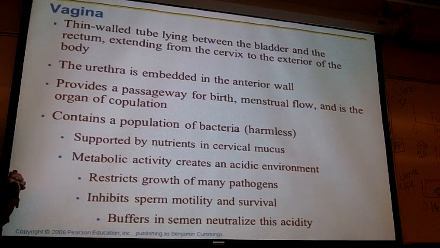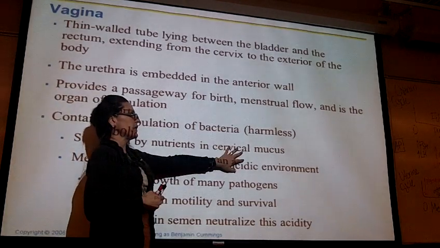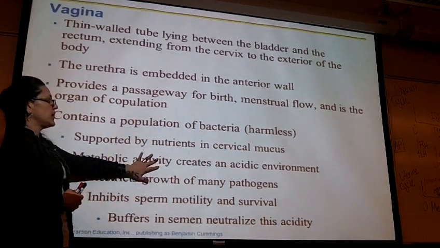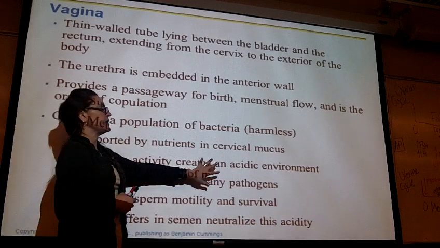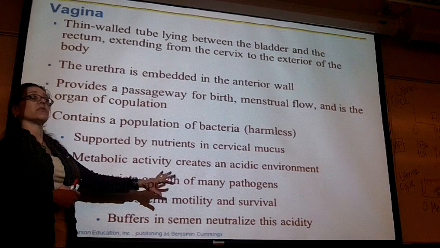And then around ovulation, we said that this mucus will get thinner. That will keep the bacteria from producing as much acid, and then the sperm won't be as affected.